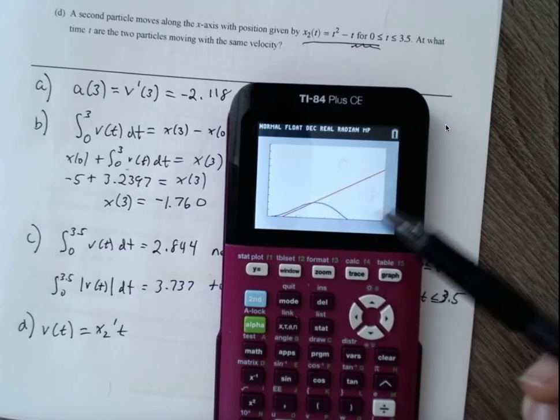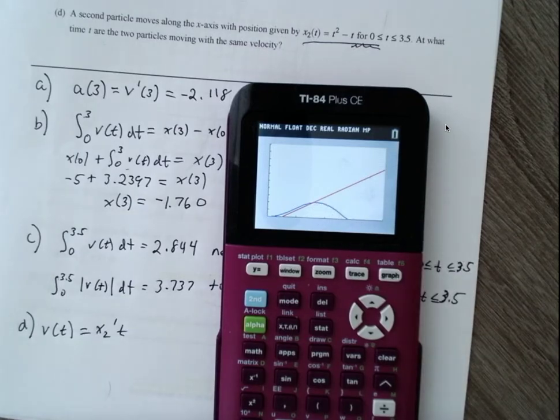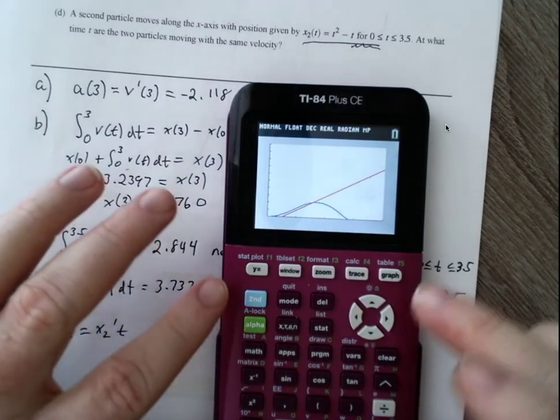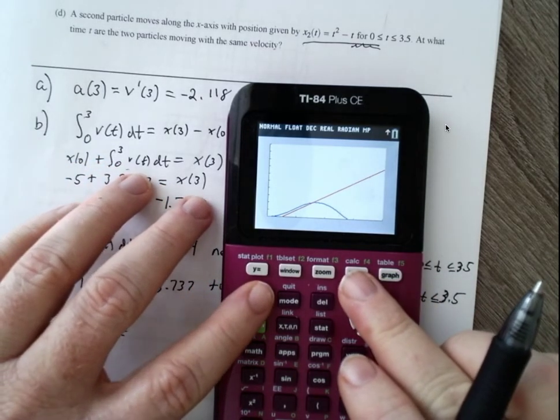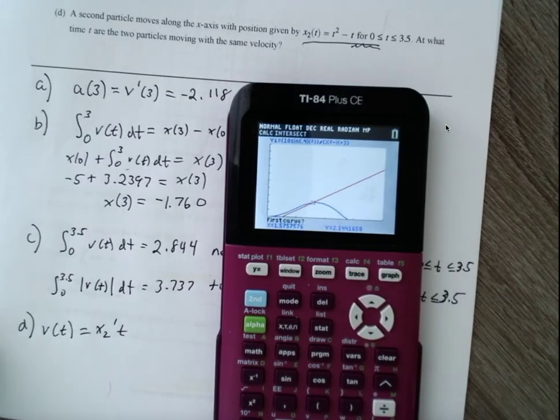But I just want to know when they are equal, and they're equal when they intersect, and they intersect right here. And I want to know that time. The question asks, at what time are the two particles moving with the same velocity? So I'm just going to go find the intersection there. So it's second calc, option 5. First curve is v of t. Second curve is the derivative of x2 of t.